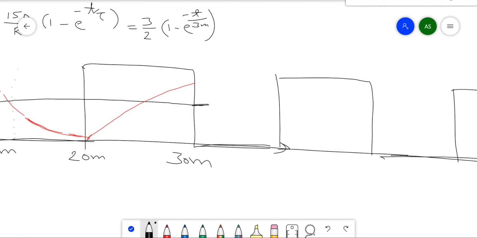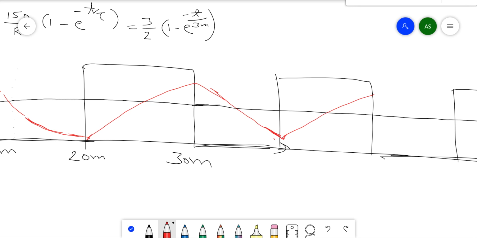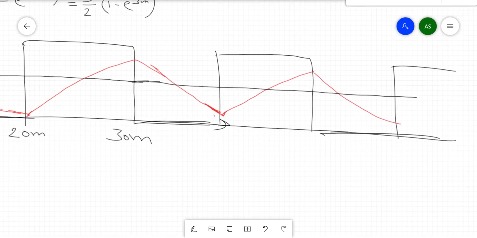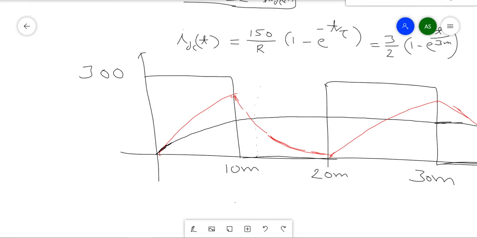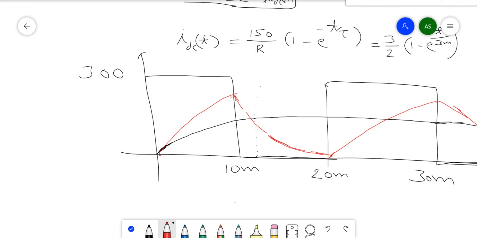So let's continue the DC current. So you see in the red color we are plotting the I naught t, that is the complete waveform, and in the black color we are plotting IDC(t), that is the DC component of this waveform.